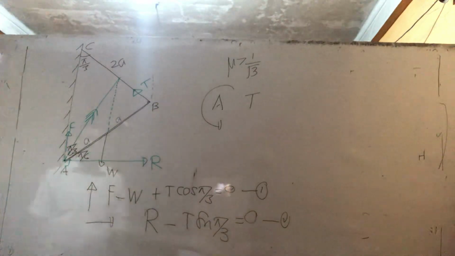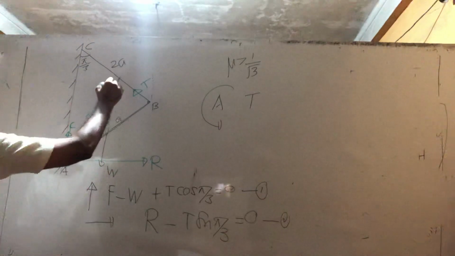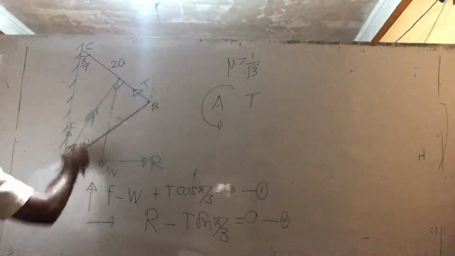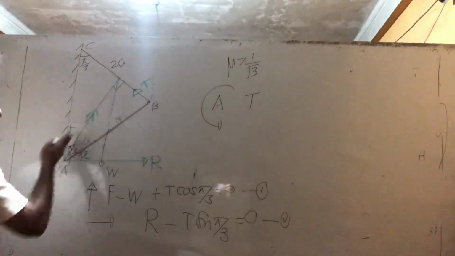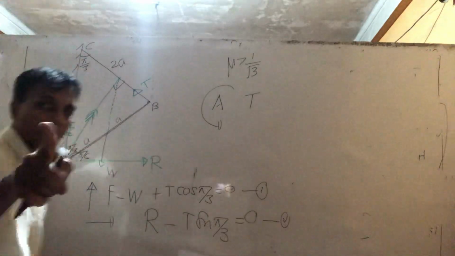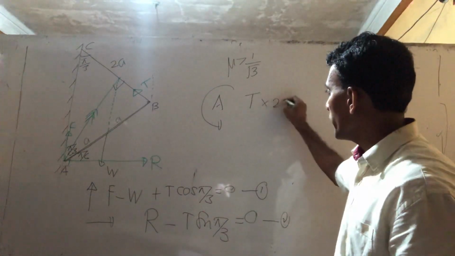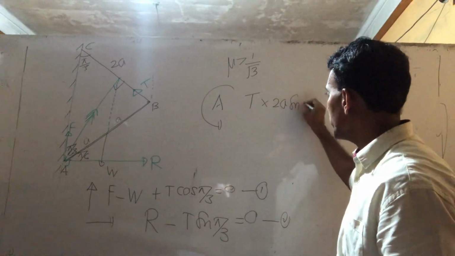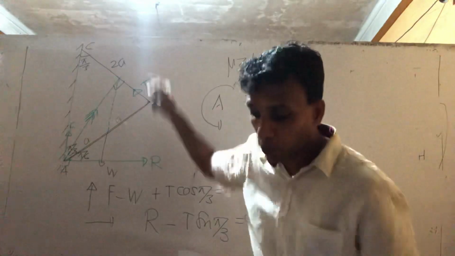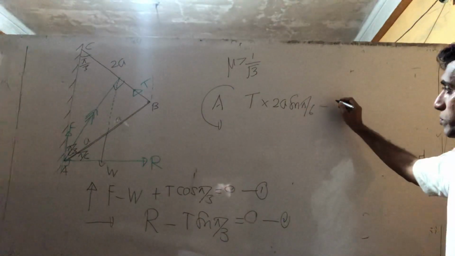If you draw a right angle line here, this is 90. The perpendicular height is 2a cos pi by 6, sine pi by 6. Check that. 2a T into 2a sine pi by 6, in that direction. Minus W, opposite direction.